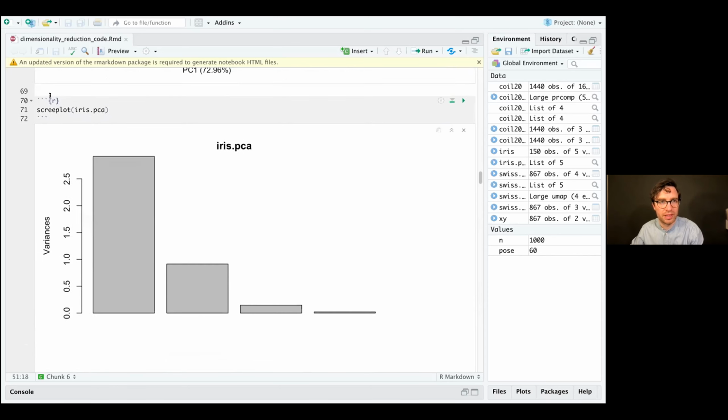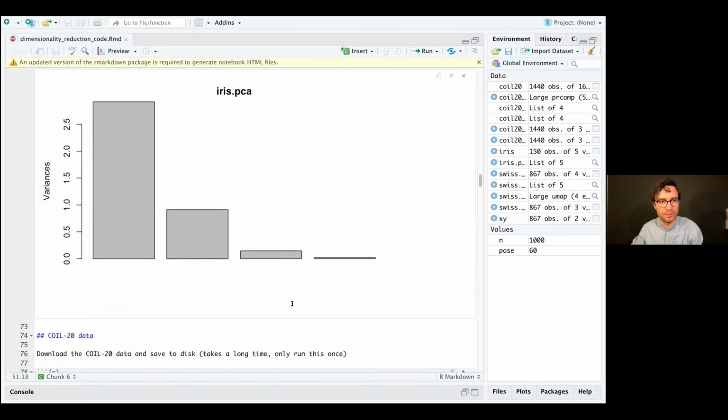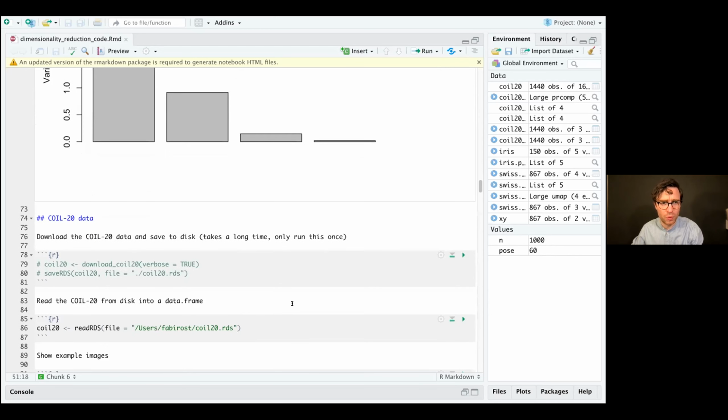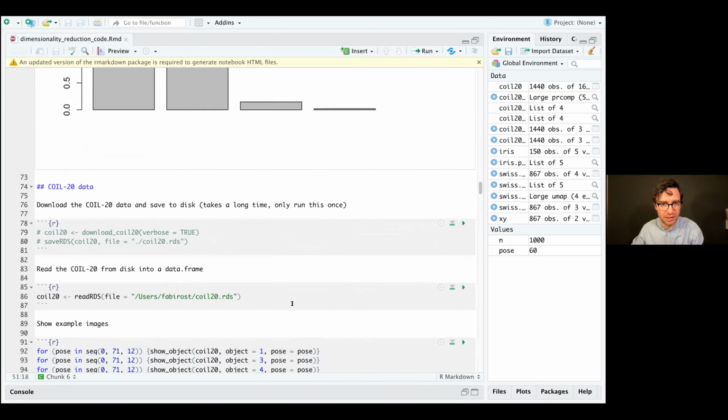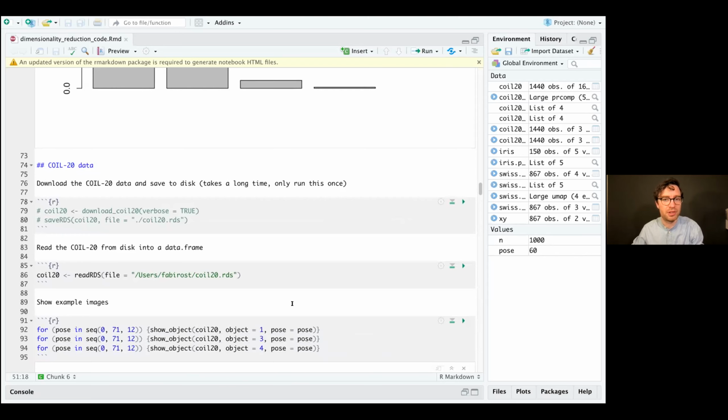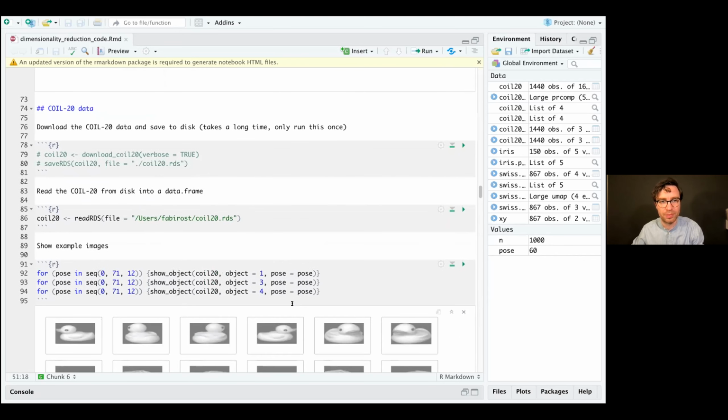This is what's called a scree plot, and this is just a visualization of the variance explained by each principal component. Now I wanted to also show you another data set where principal component analysis has a hard job to work.